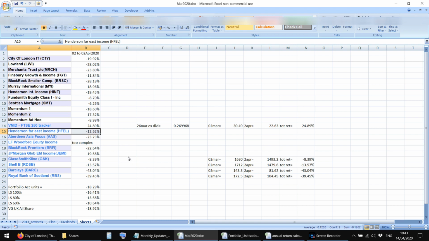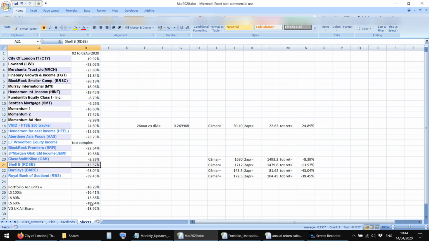HFL hasn't done too badly, but then you might think that the Far East stuff might have done badly even before this period, before March, because it was in China before it was in the rest of the world, wasn't it, this virus? But that theory hasn't worked out for AAS, Aberdeen Asia Focus. That's done a bit worse than the rest of the portfolio. But obviously GSK is not going to do too badly, similar to the biotechnology fund, really.